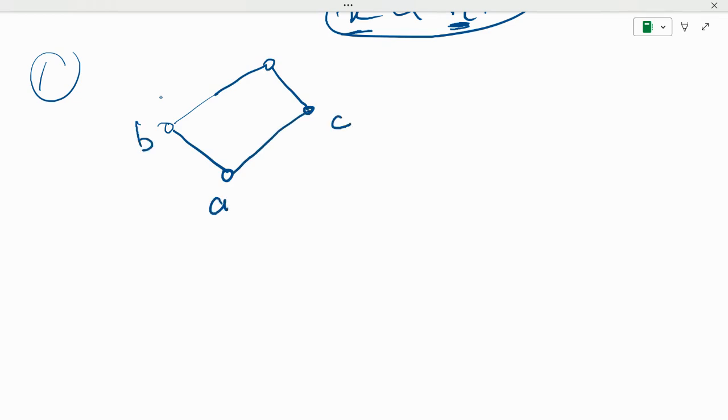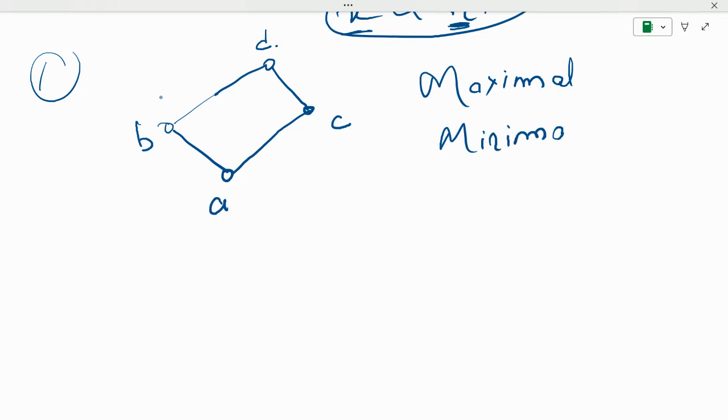Let's say we have to find the minimal and maximal elements, and we have been given this particular Hasse diagram. Here is A, here is B, here is C, and here is D, and you have to find the maximal and also the minimal.